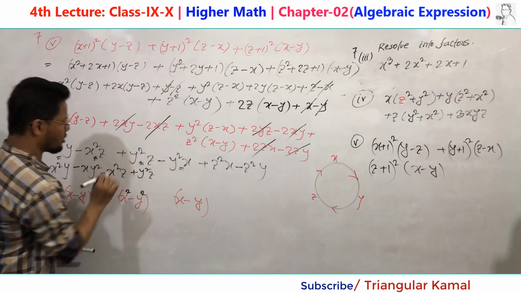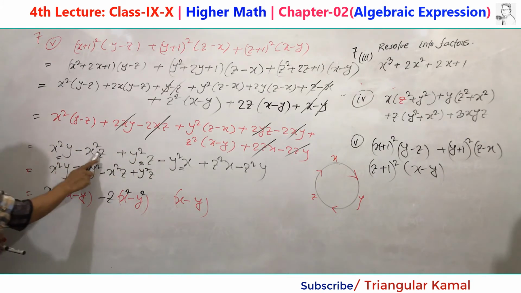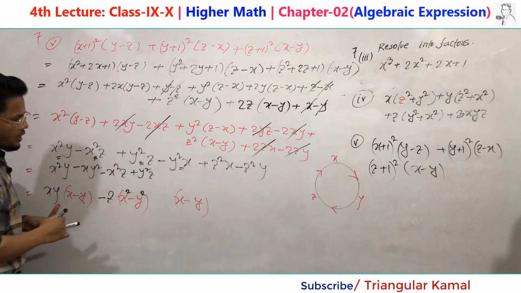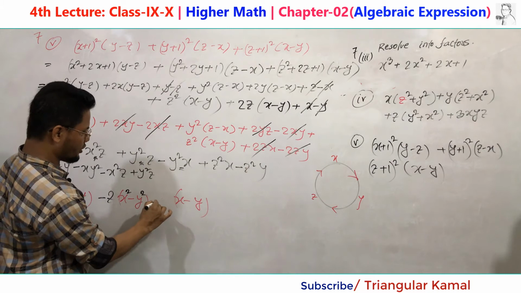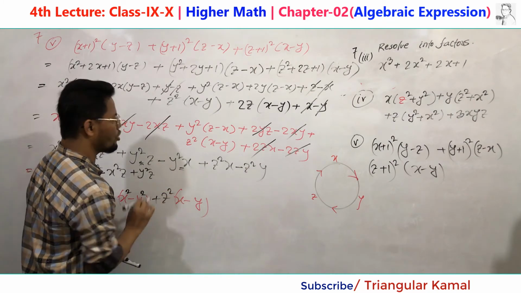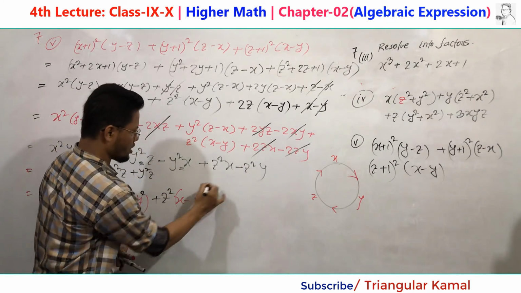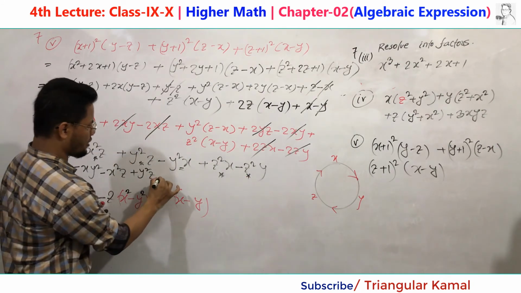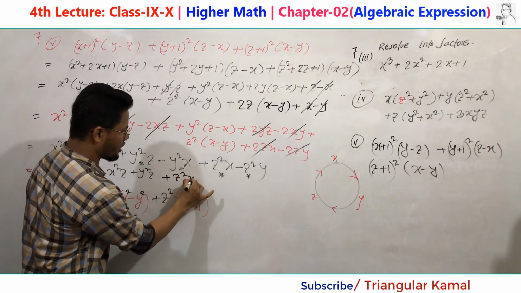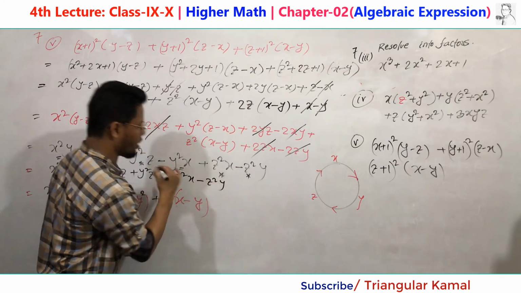Already 1, 2, 3, 4. And here the remaining one, just take z square common. Finally z square is common, just x minus y. Arrange right here, plus z square x minus z square y.